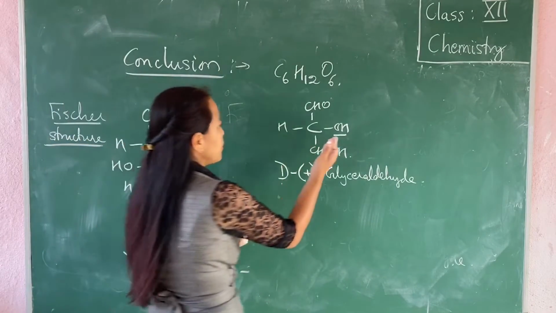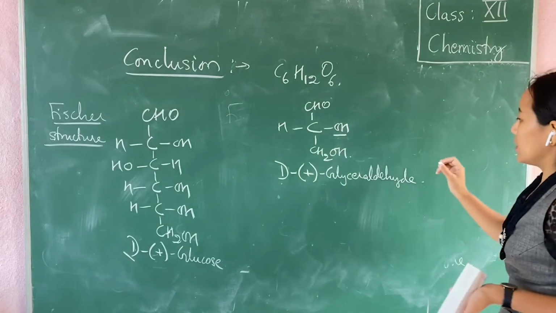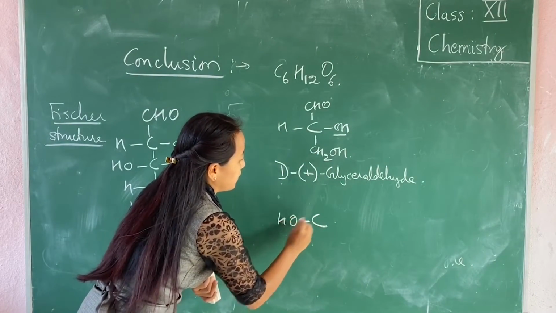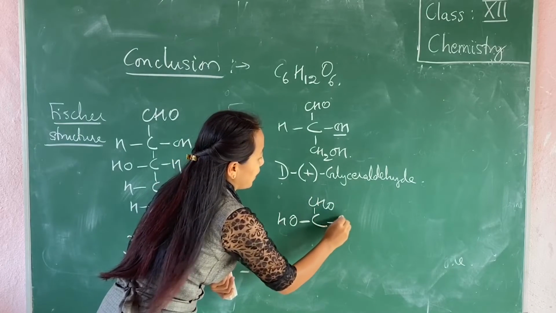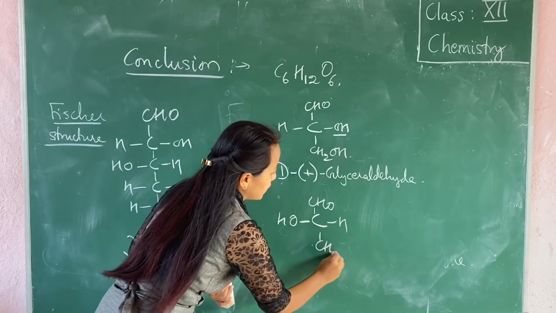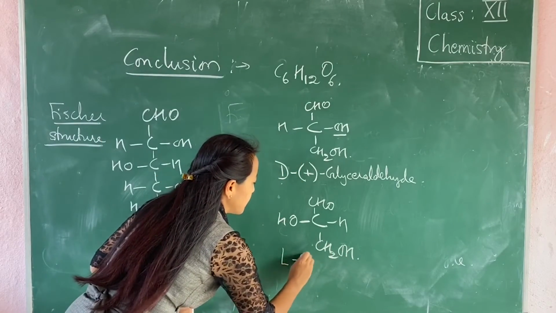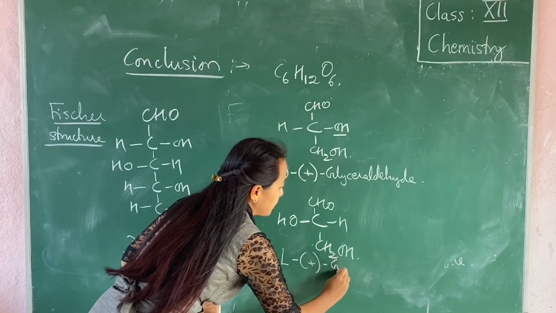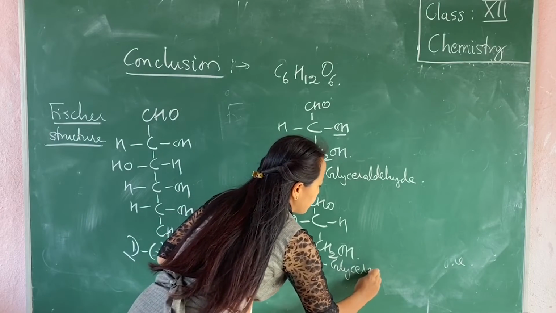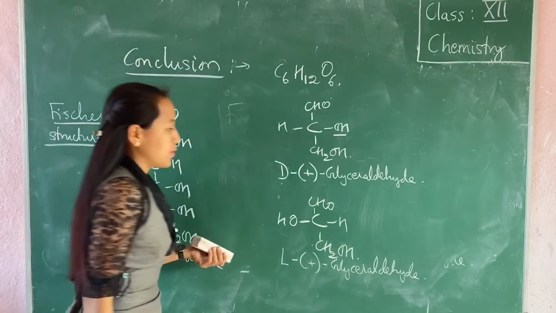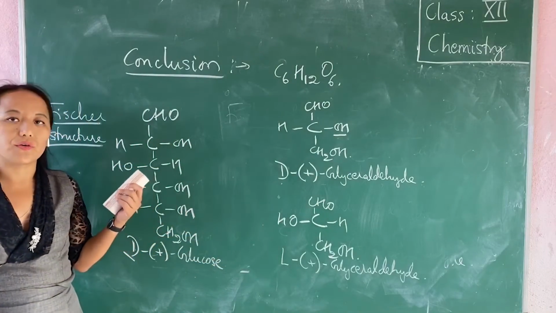Similarly, if the OH is on the left hand side, that is CHO, H, OH and CH2OH, it is called L plus glyceraldehyde. So this is about the open structure of glucose.